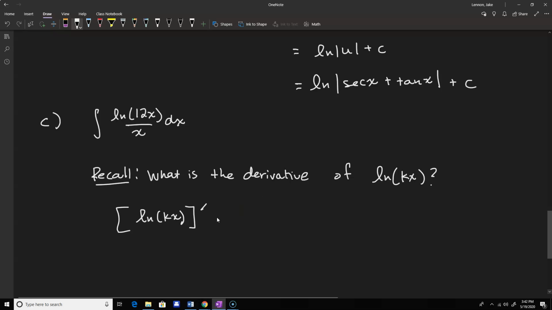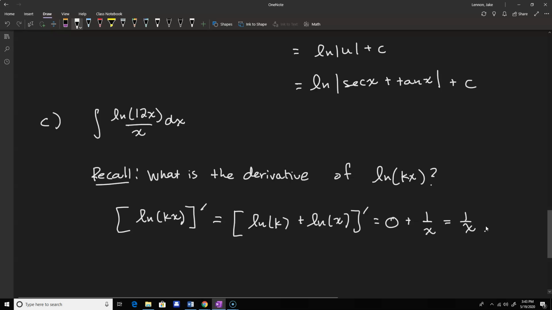Anyway, we could rewrite this as the derivative of the natural log of k plus the natural log of x. And then that natural log of k is also just a constant, so it would have derivative 0, so it would just be 0 plus 1 over x, which is 1 over x.